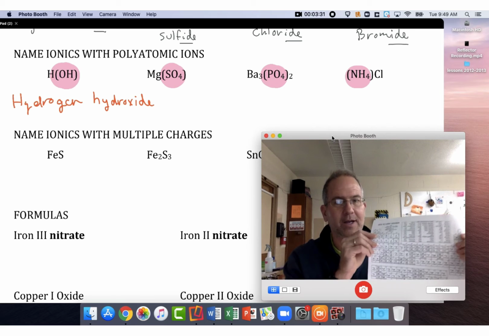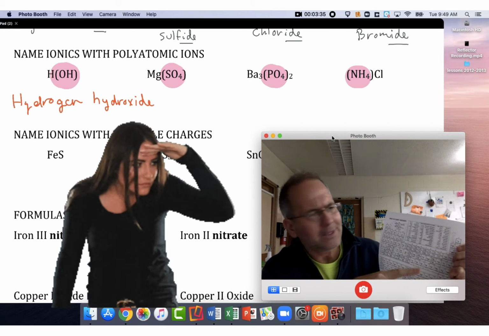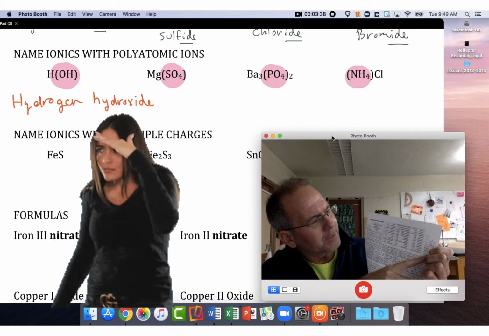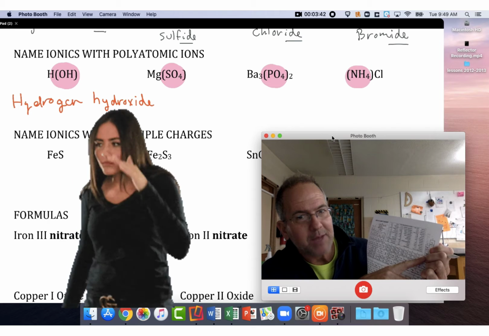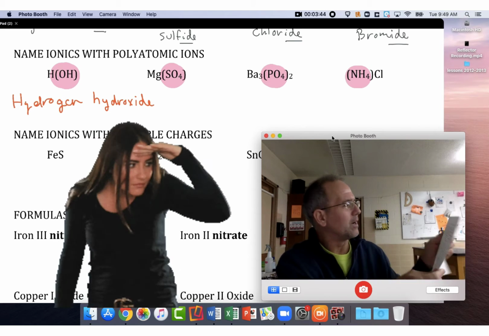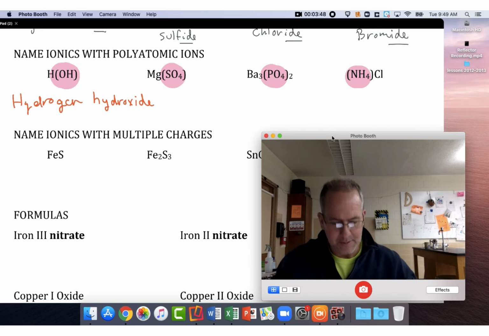I'm going to help you find the names. You can do this in slow motion if you need to see later. Magnesium, it's in row 2, column 2. Remember, my table's backwards. Mg is magnesium. Look for SO4, it's on the back. Sulfate. Magnesium sulfate.